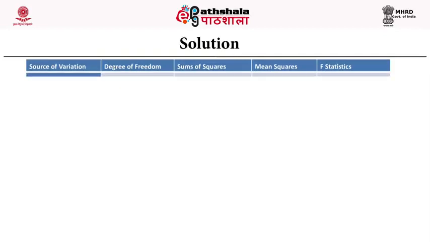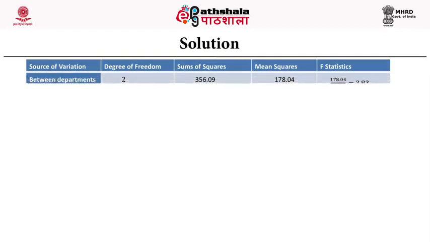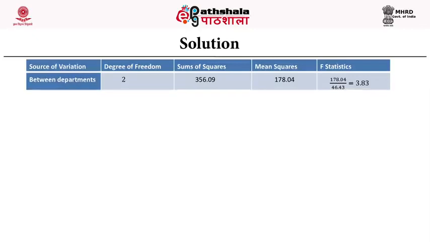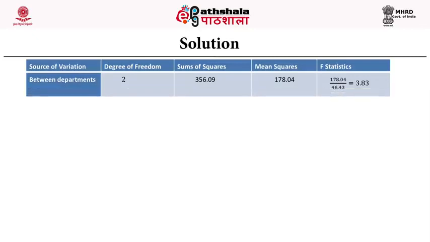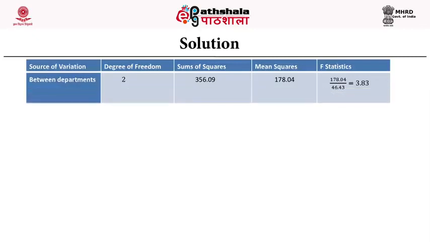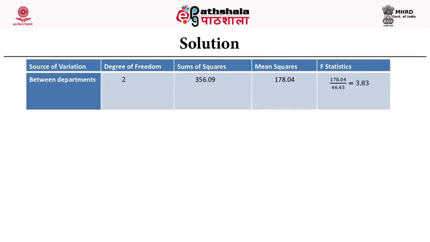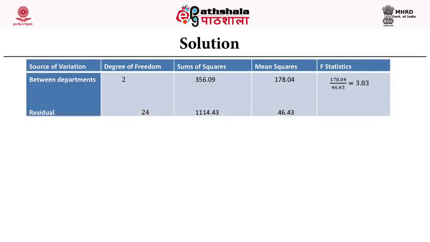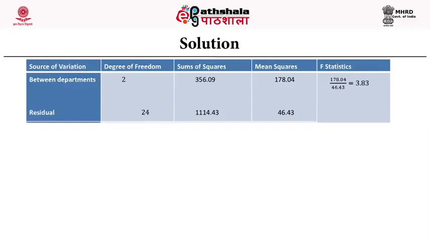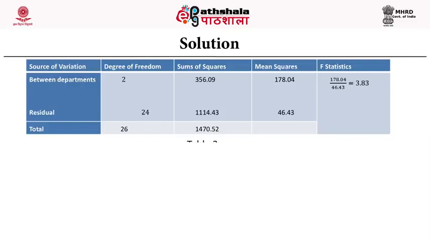As we have 3 groups, the degrees of freedom for between departments come to be 2, and after putting the values in the formulas we get the results as given here, and the F statistic value comes out to be 3.83. So we have the null hypothesis H naught: tau 1 is equal to tau 2 is equal to tau 3 is equal to 0.